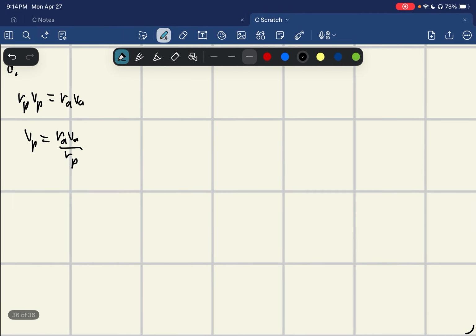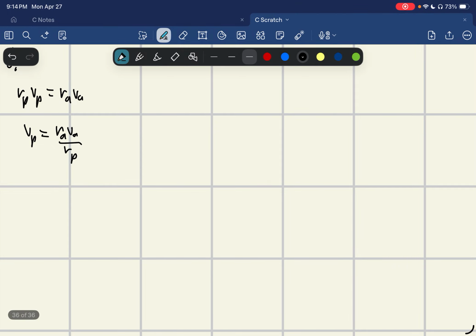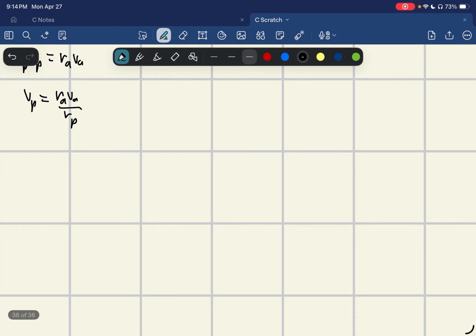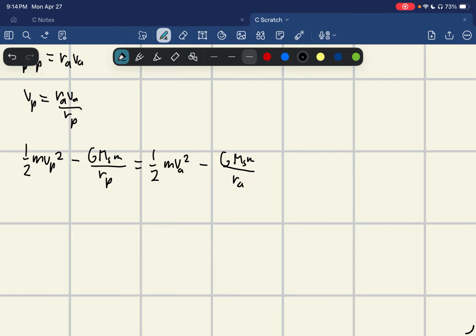And then once again, I'm going to look at the conservation of my mechanical energy. So it'd be 1/2 m VP squared minus GMS times little m all over RP is equal to 1/2 little m VA squared minus GMS little m all over RA. And then here, little m will cancel in all terms.